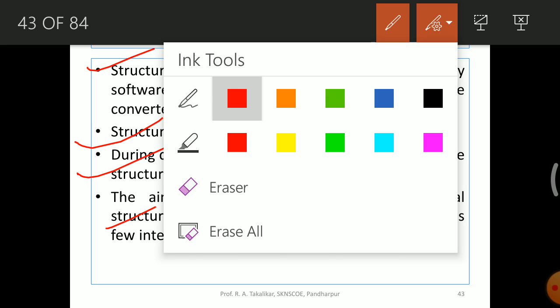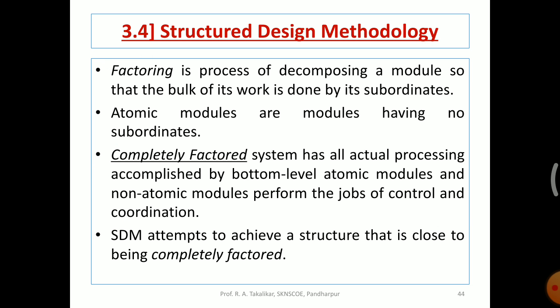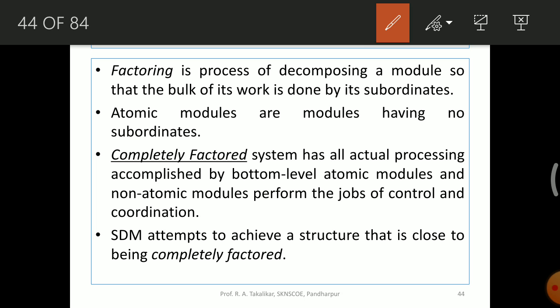Okay, so after this, let us understand some basic concepts required in the SDM. First is factoring. It is a process of decomposing a module so that the bulk of its work is done by its subordinates. Please understand, you have got a module in your hand.